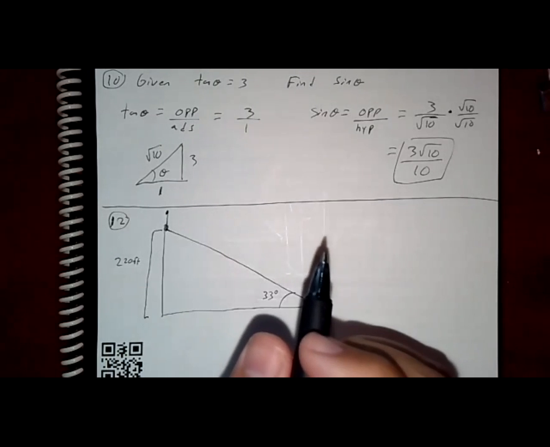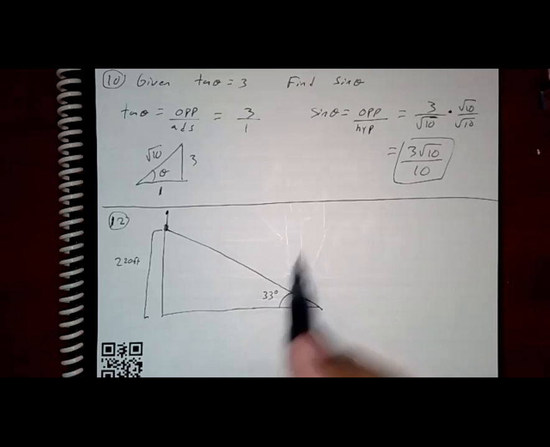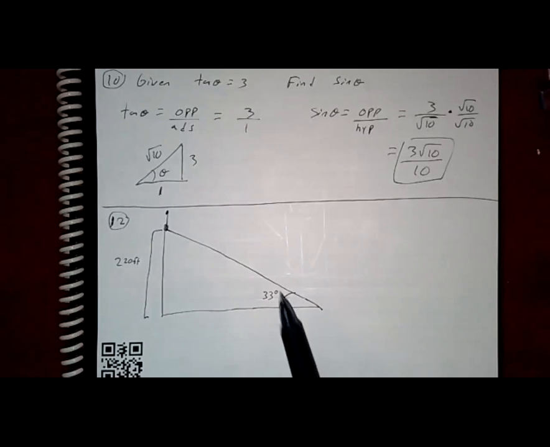Okay. So we have the opposite side. They want us to find how long the guy wire should be, so they want us to find the hypotenuse. We could use sine, or we could use a reciprocal to make the algebra easier. Doesn't matter.